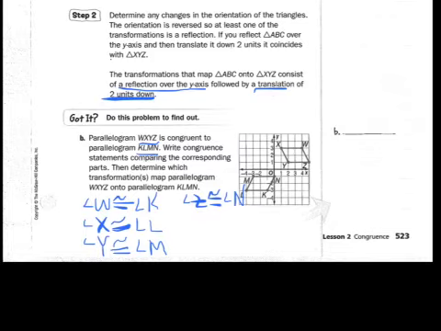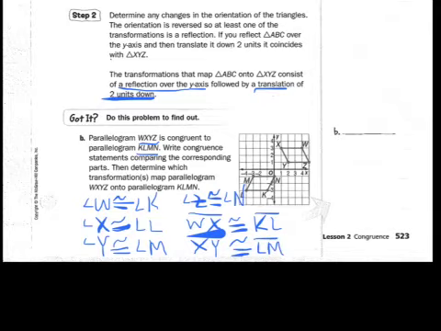And then let's do the sides. So the sides, I know that WX is congruent to KL. And I know that XY, because it's the 2nd and 3rd letter, is congruent to LM, because it's the 2nd and 3rd letter on the other parallelogram.